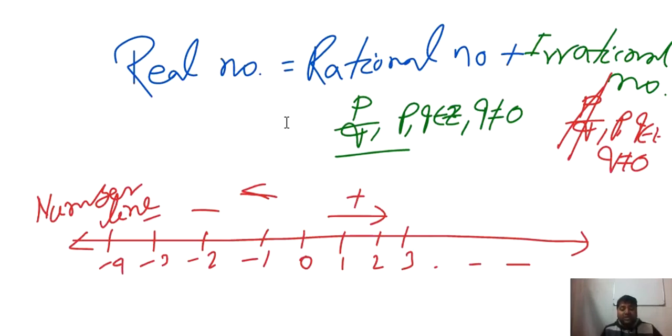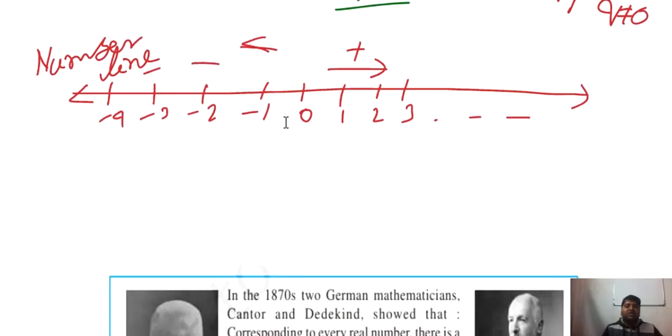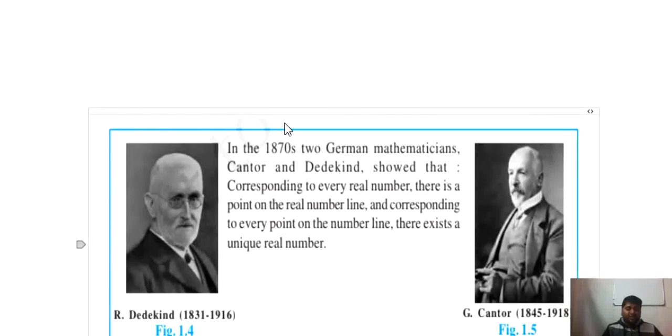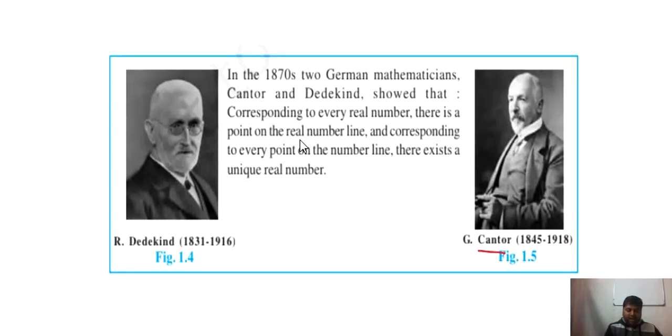This relationship of number line and real numbers is given by a theorem called the Cantor-Dedekind axiom. The mathematicians G. Cantor and R. Dedekind, two German mathematicians, showed in 1870 that corresponding to every real number there is a point on the real number line, and corresponding to every point on the number line there exists a unique real number.